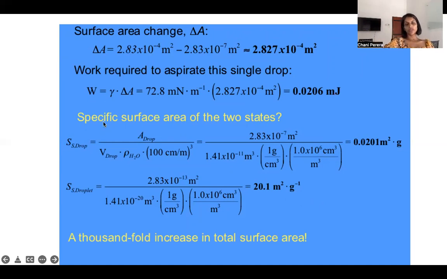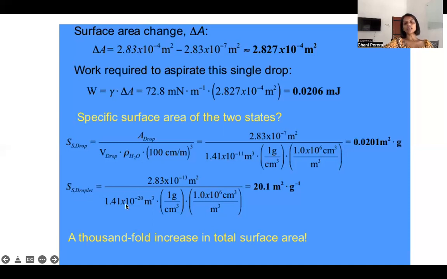If you are interested, you can calculate the specific surface area of the two states. You can calculate the specific surface area of the drop: if you know the drop surface area, you just have to divide it by the volume and the density, and to convert it you can use this conversion. You come up with the specific surface area as 0.02 meter square per gram.